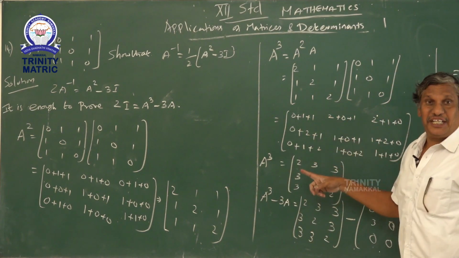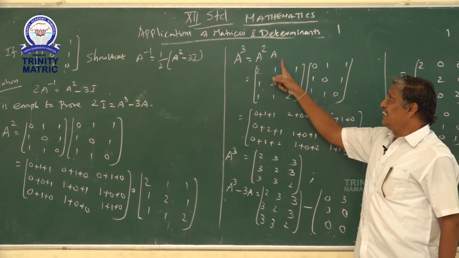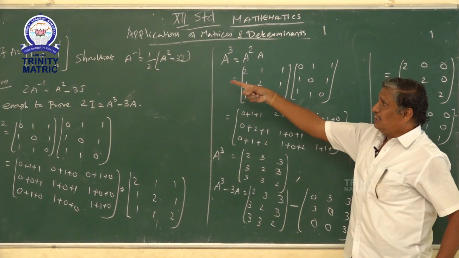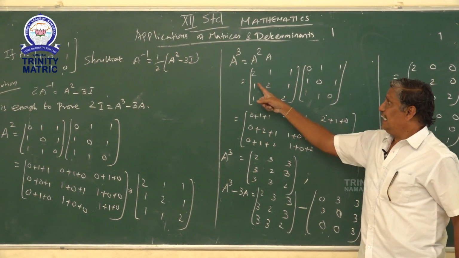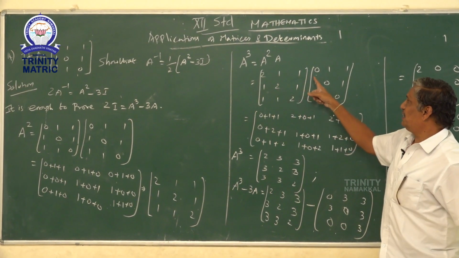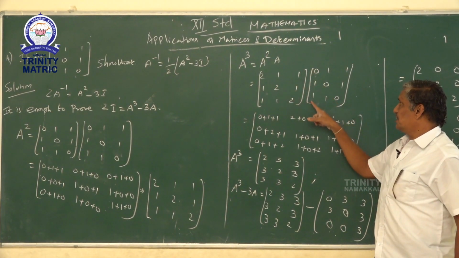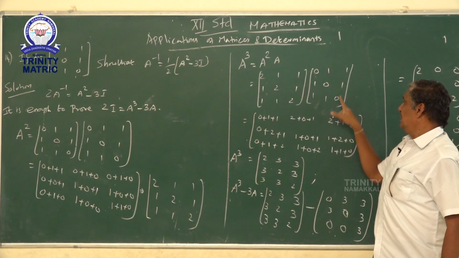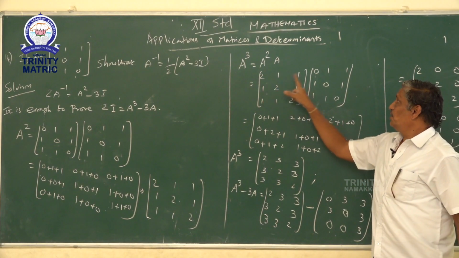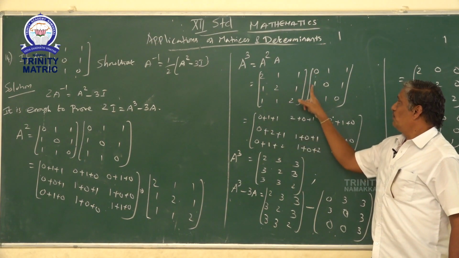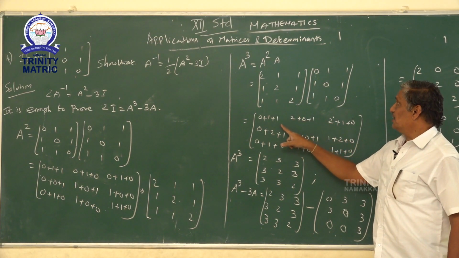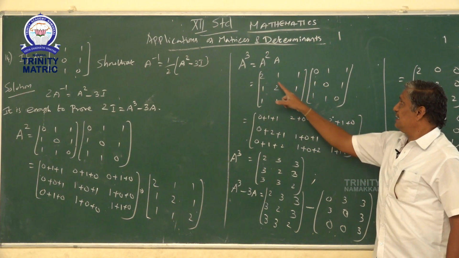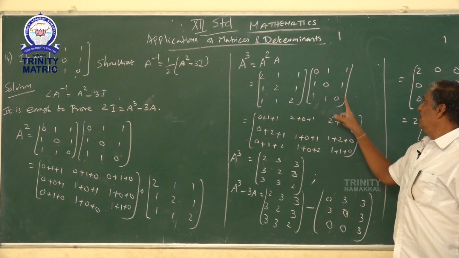A cube, what is the meaning of A cube? A square into A. A square we found, and then put A. What is A? That is the given matrix. Again the same method of multiplication. First row, first column, first row, second column, first row, third column. 2 zeros are 0, 1 ones are 1, 1 ones are 1. Similarly, 2 ones are 2, 0, 1. Like that, 2, 1, 0.